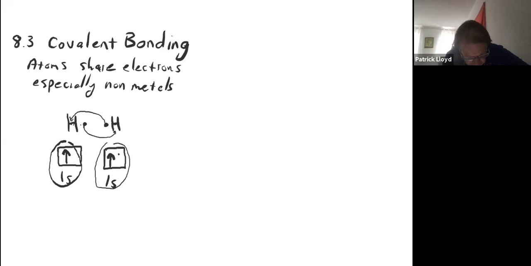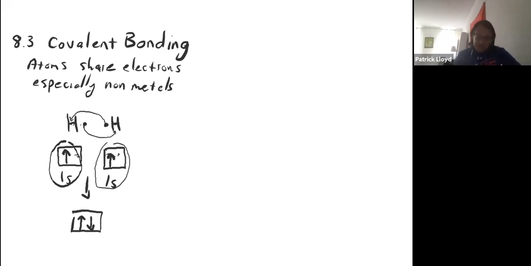Each of those orbitals has space for one more electron. So these two orbitals can interact with each other. Remember, they're waves, and those two waves can interact in such a way that you get one orbital out of it, and each of those two electrons can go in with opposite spins.